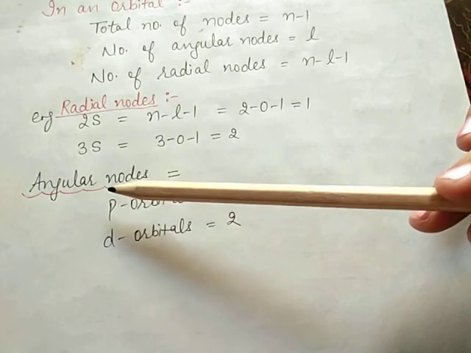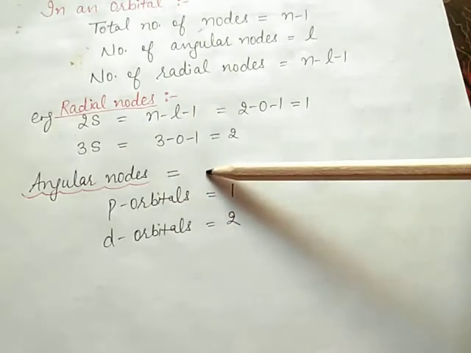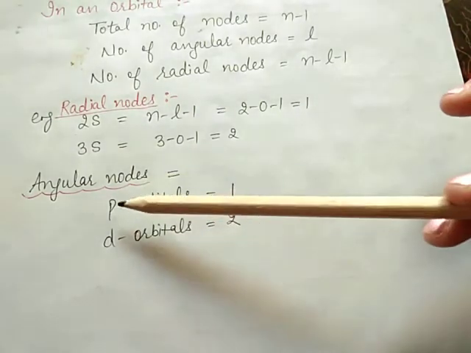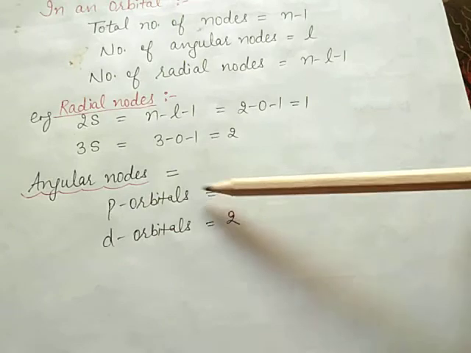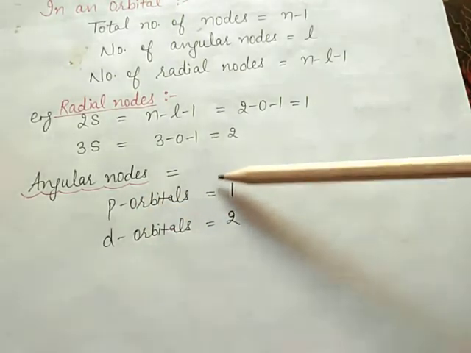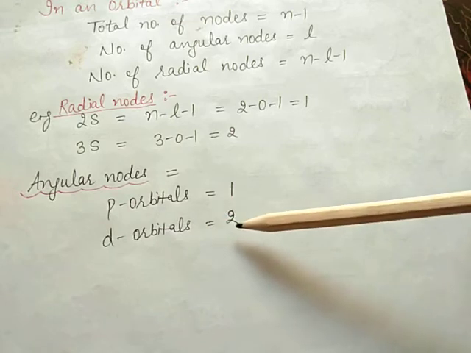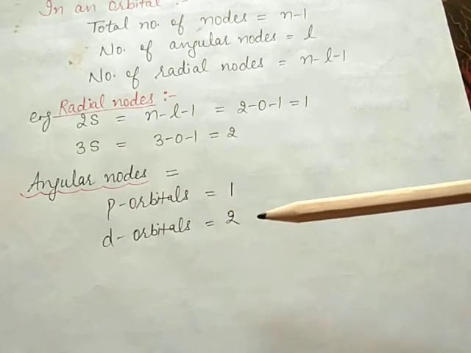Now, how will you calculate the angular nodes? Angular nodes is equal to l. Means it depends on the l value. For p orbital, l value is equal to 1, so it becomes 1. For d orbitals, l value is equal to 2, so angular nodes is also 2.